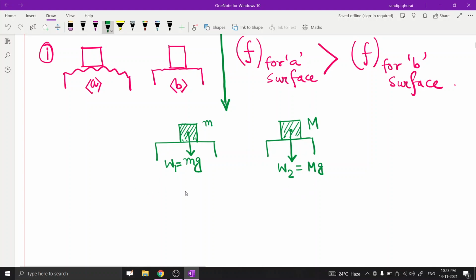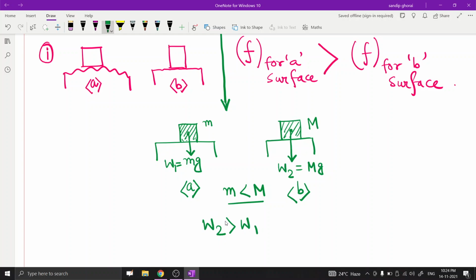This is case 1 and this is case 2. For case 1, small m is less than capital M, so W2 is greater than W1.